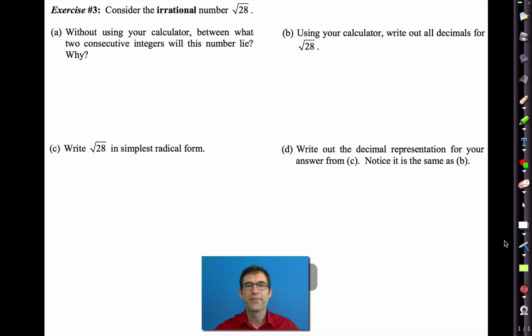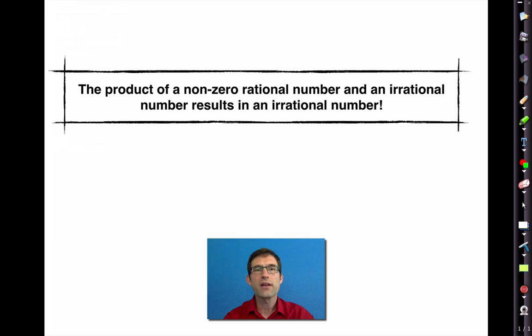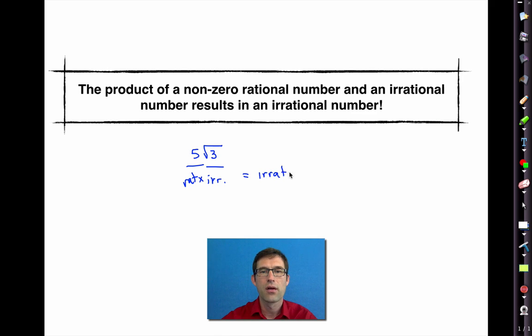Okay, here it goes. So, in summary, the product of a non-zero rational number and an irrational number results in an irrational number. So if I asked you, is this number irrational or rational, you'd say, well, that's irrational, that's rational, and therefore the product must be irrational.